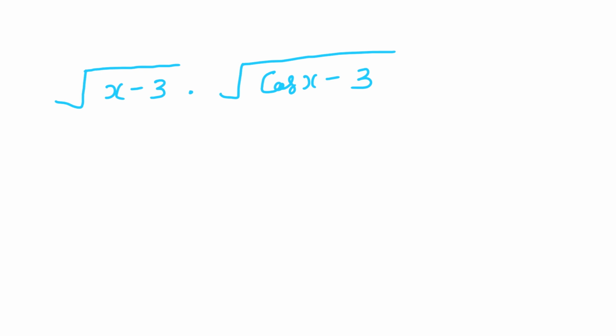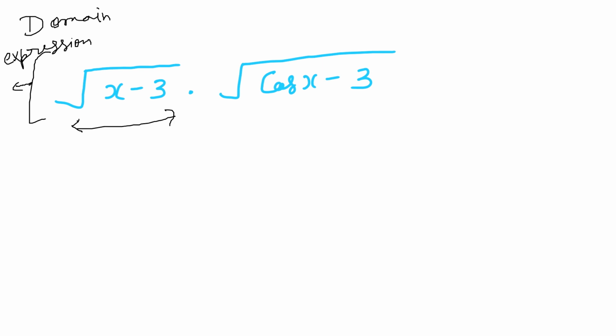The example is under root x minus 3 multiplied by under root cos x minus 3. This question is basically related to the domain of a function, or you can say it is an expression. Firstly, x minus 3 is in under root, and we clearly see that in under root we cannot take a negative sign.